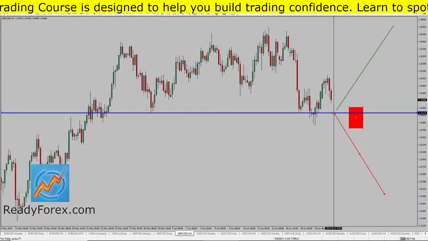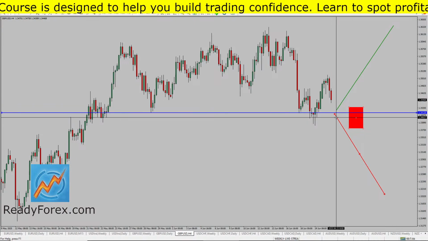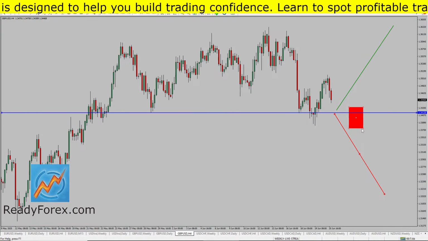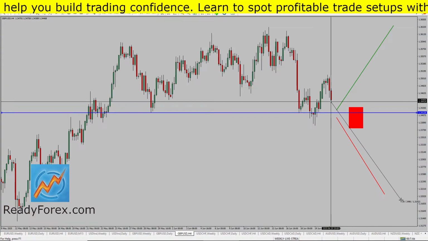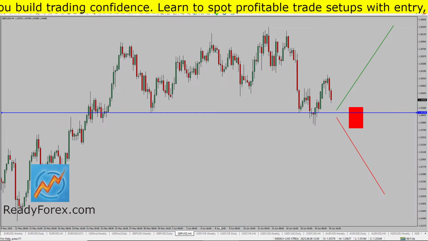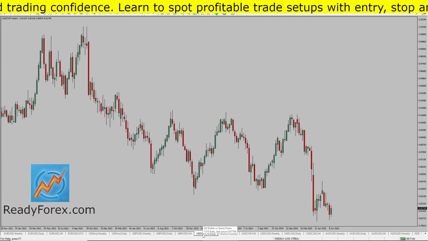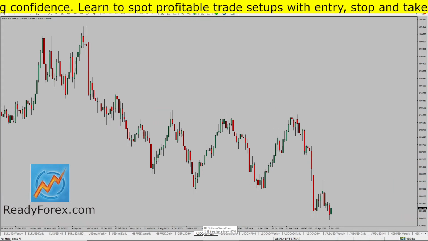However, if you get a bearish candlestick close below the 1.3413 level, then it's a high probability GBPUSD is going to drop further. Okay, let's look at the US dollar Swiss franc currency pair.